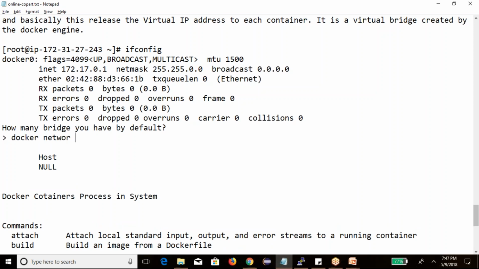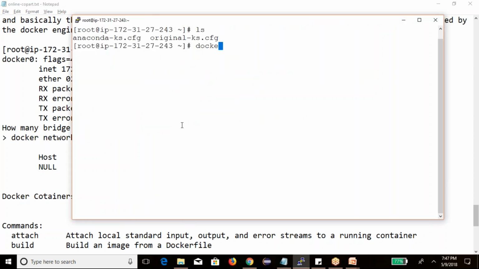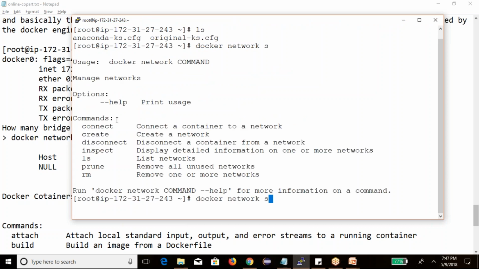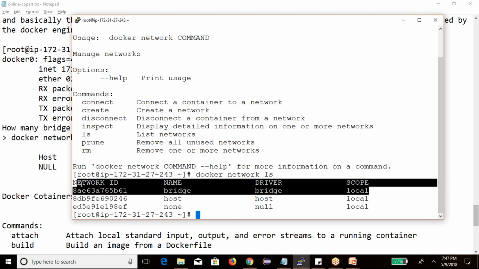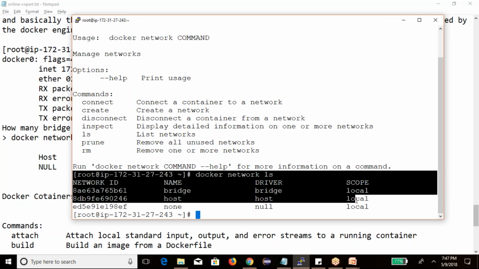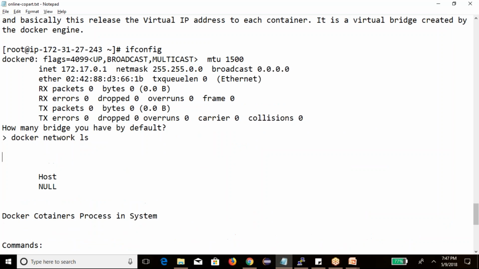You can try docker network ls. Let me run this command, docker network ls. Now see, here you have a bridge named bridge, driver is bridge. This is the one which is created by the Docker engine when you started the Docker services.